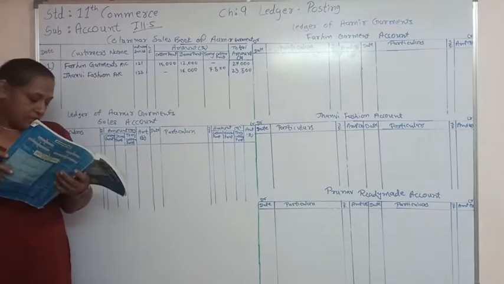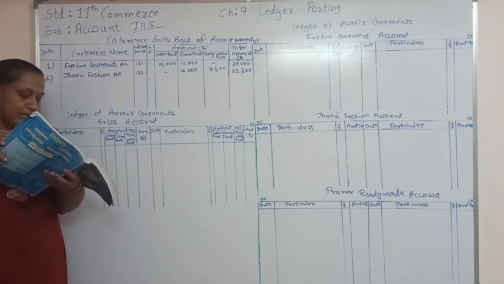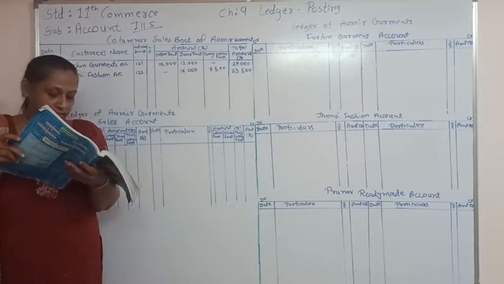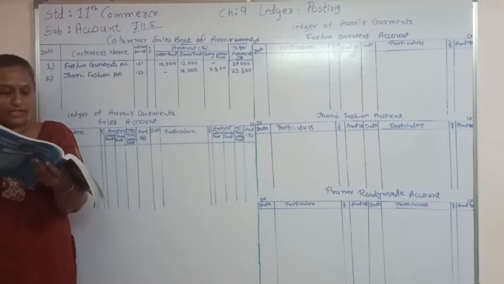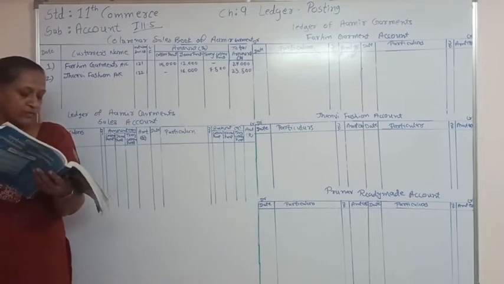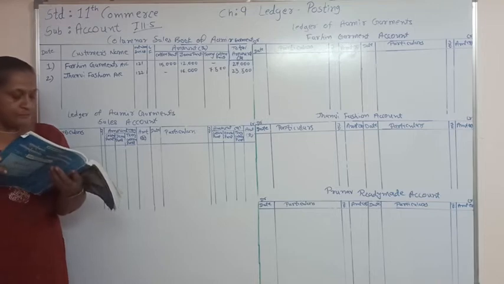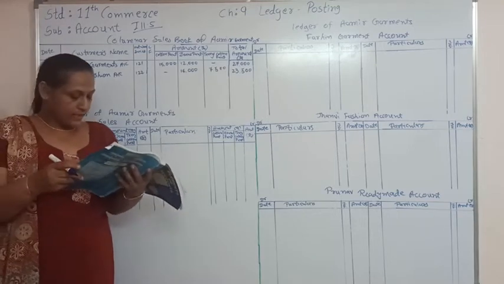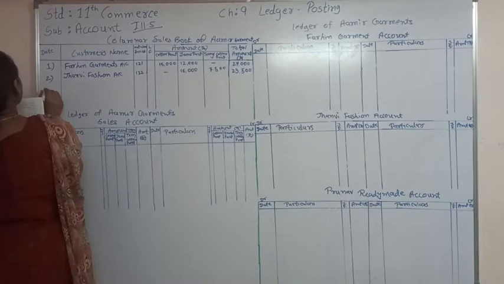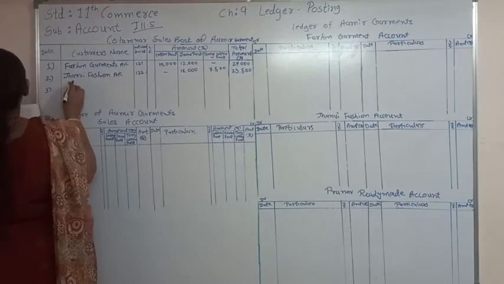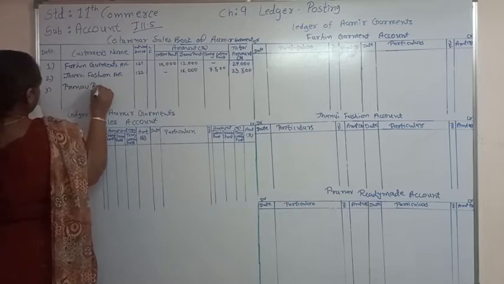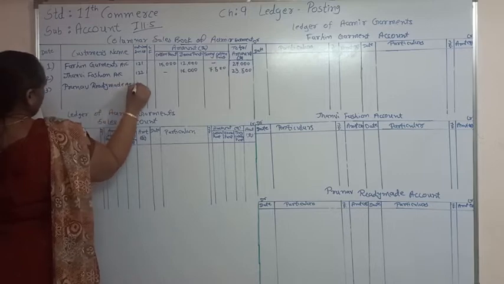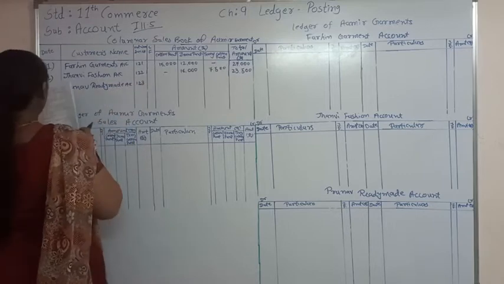Now let's see the third transaction. Sold 30 cotton pants at rupees 300 each, 50 jeans pants at 400 each, and 20 terry cotton pants at rupees 250 each to Pranav Readymade. Outward invoice number is 123. So the third transaction is for Pranav Readymade account, and here outward invoice number is 123.